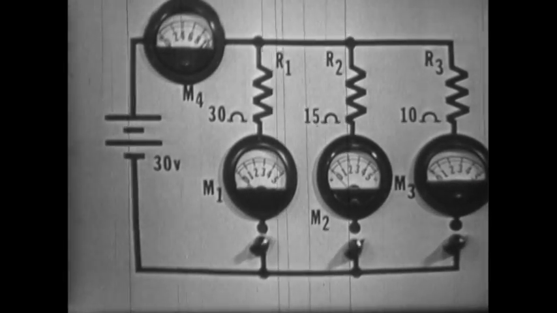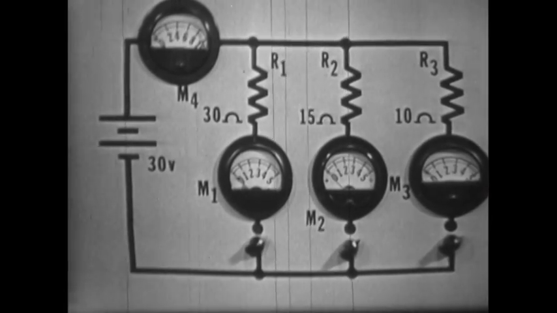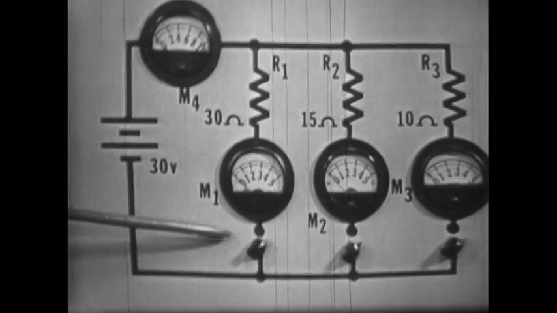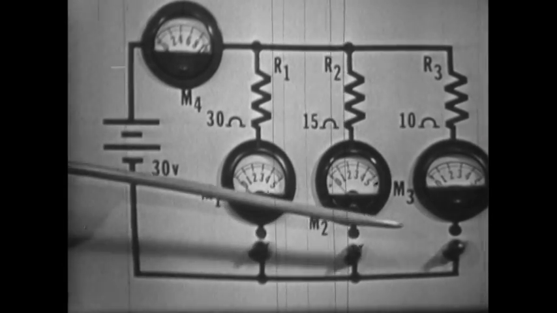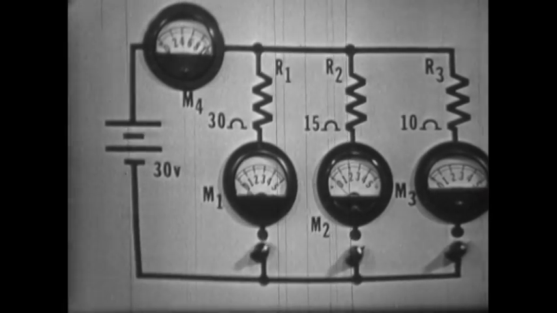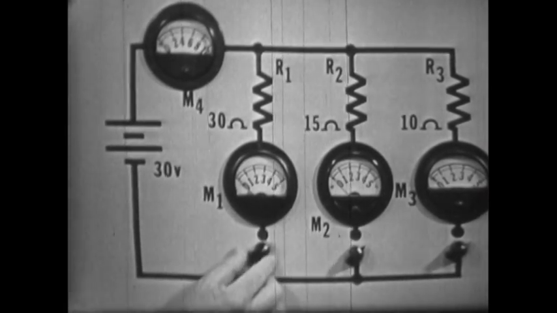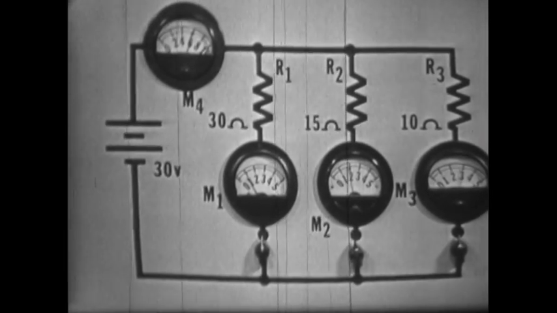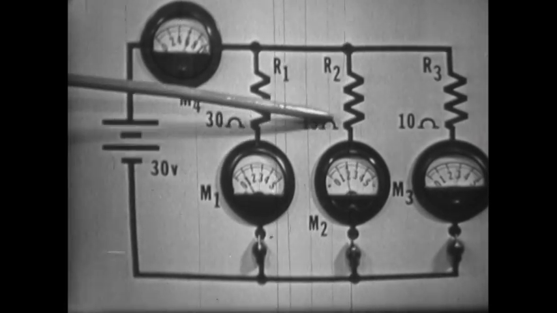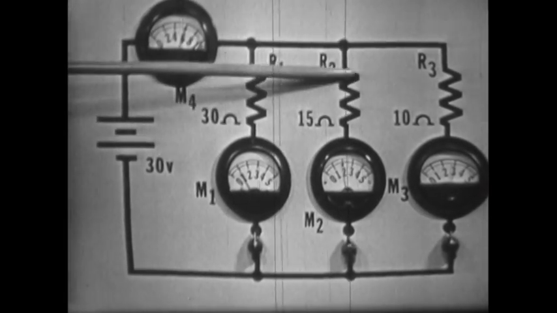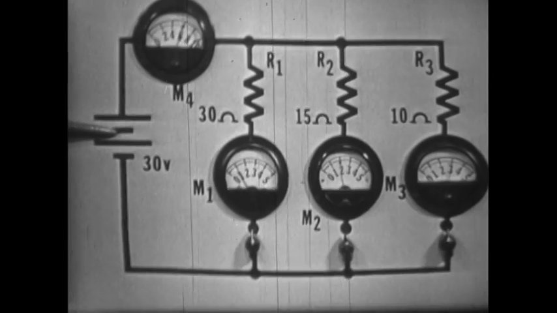To illustrate this, let's use this circuit. We have a DC power source and switches that allow us to switch the branches in or out as we wish. With the switches closed, resistors 1, 2, and 3 are connected in parallel across the power source.